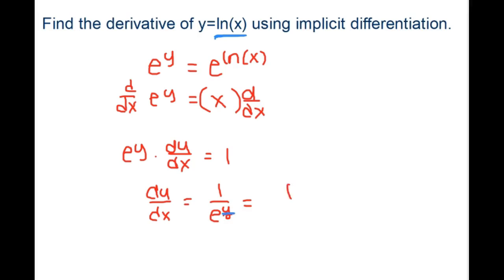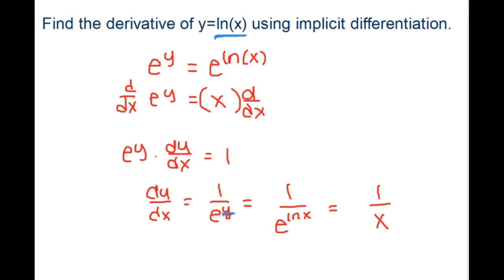So it becomes 1 over e, substituting natural log of x in for y. We get 1 over e to the ln of x. But what does e to the ln of x become? Well, e and ln are inverses, so it becomes 1 over x.